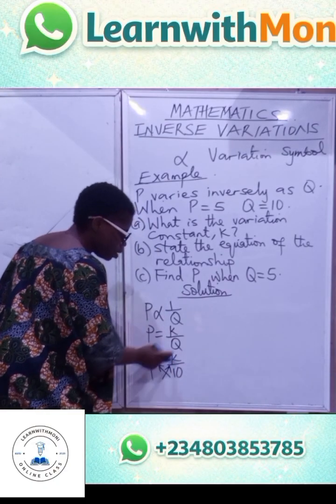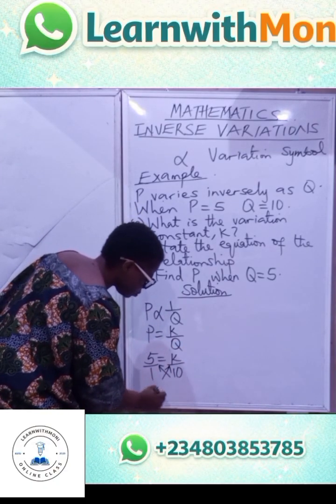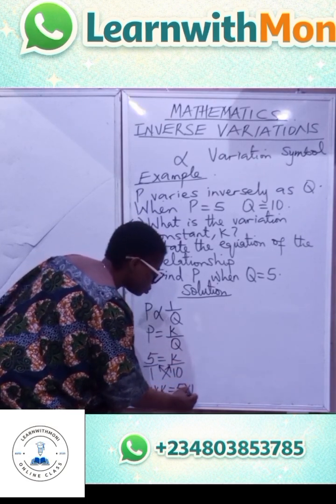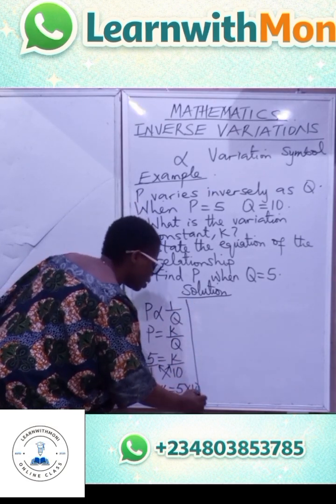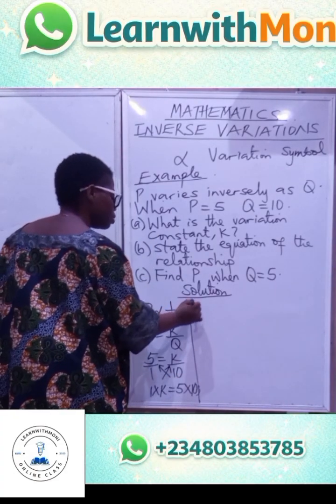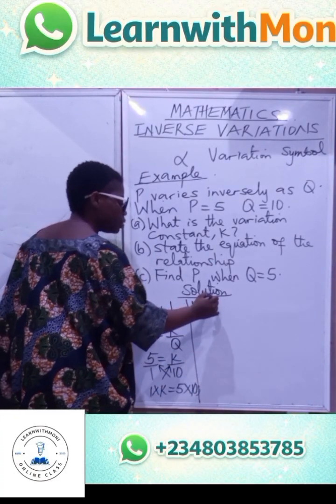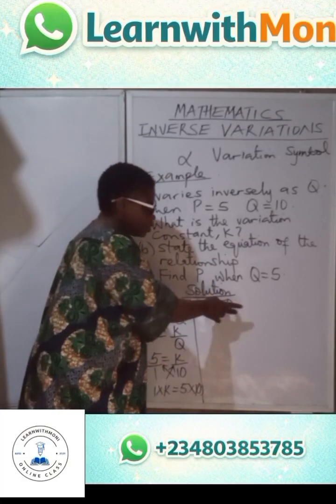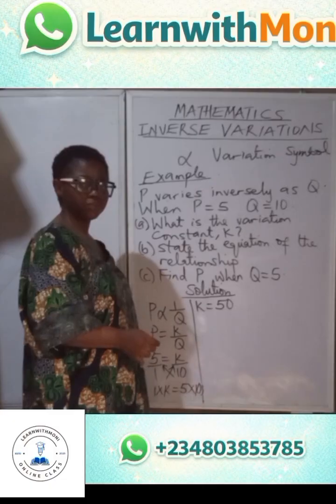Here I have 1 times k, which equals 5 times 10. 1 times k is k, and 5 times 10 is 50. K equals 50. This is the variation constant.